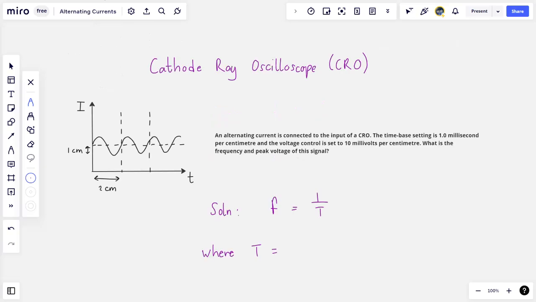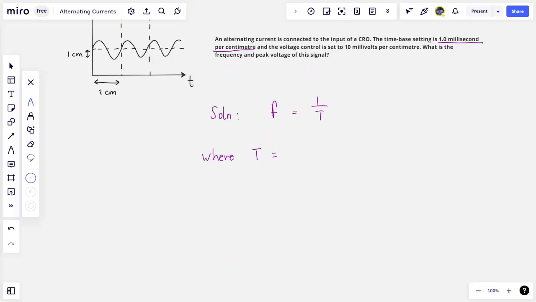Now, I don't have an x-axis that is measured in seconds. I'm given centimeters, even though I'm supposed to be measuring time. But I am told that every centimeter on the x-axis, in this case, is represented by 1 millisecond. That's what the time-based setting means.